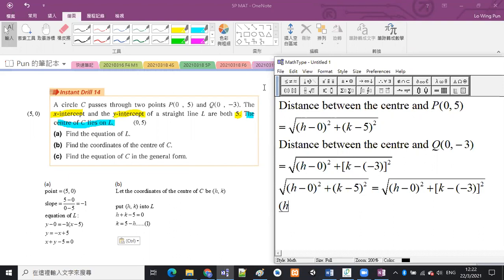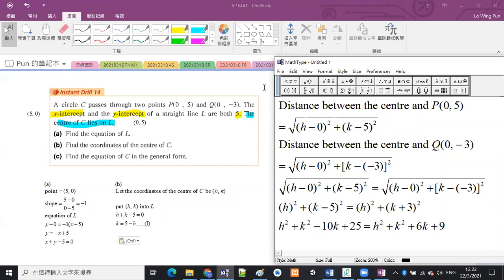So let us cancel out the square root first. So this is k plus 3, right? And the h minus 0 can be just h. Okay, and then we can expand the bracket. So h squared plus k squared minus 10k plus 25. The right hand side is h squared plus k squared plus 6k plus 9.